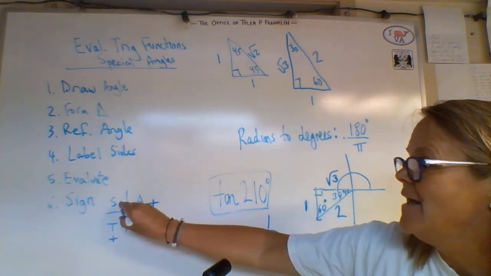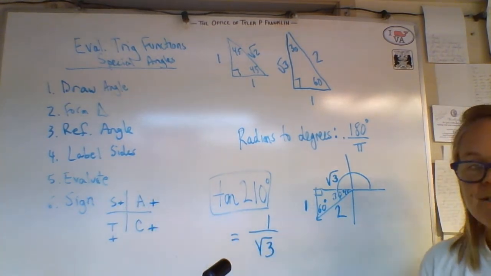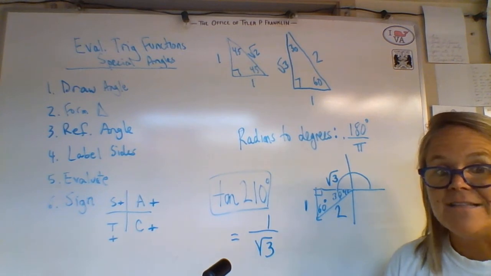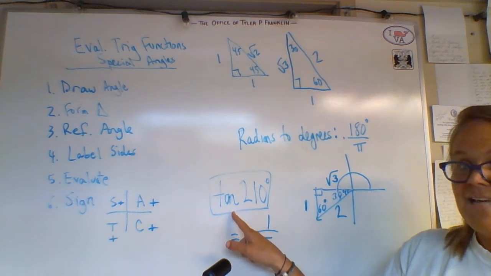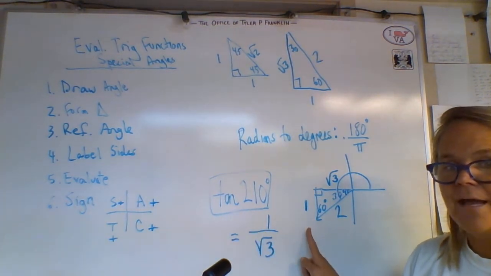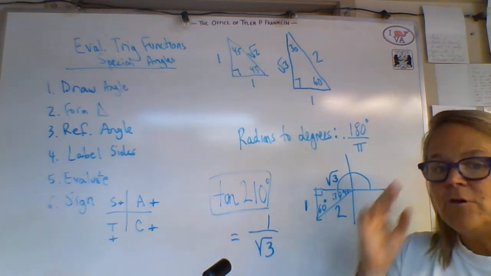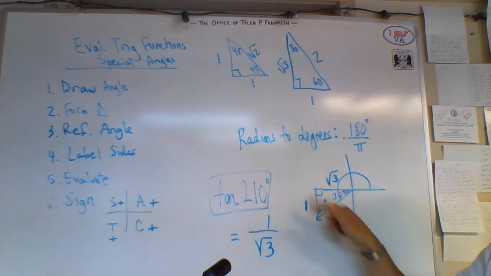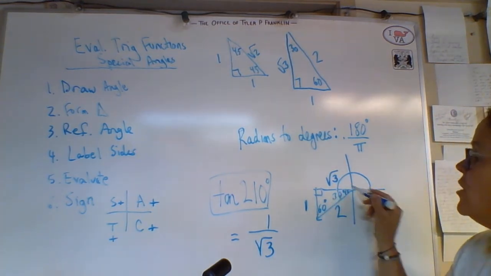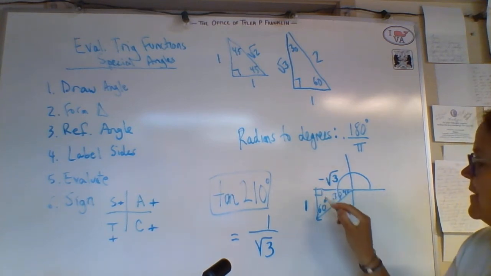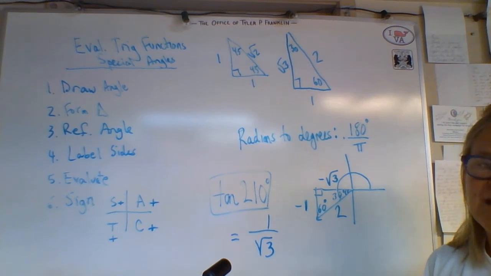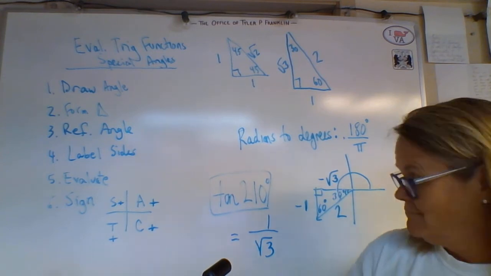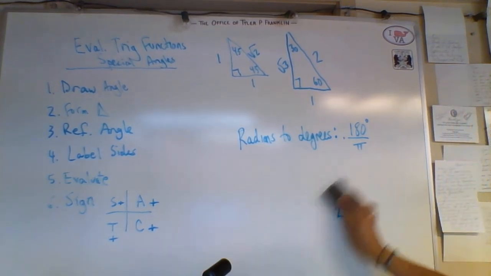Remember from yesterday, these are what are positive. Everything else in that quadrant, besides its reciprocal, is negative. So tangent in quadrant 3 is positive. Now, if you don't like that, you could also label the sign on your picture. You went left, you went down. Well, a negative over a negative would give you a positive. So you're done.